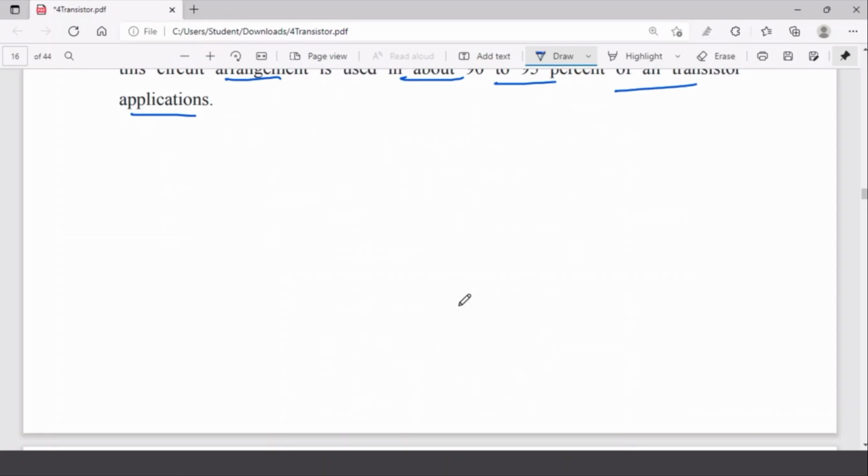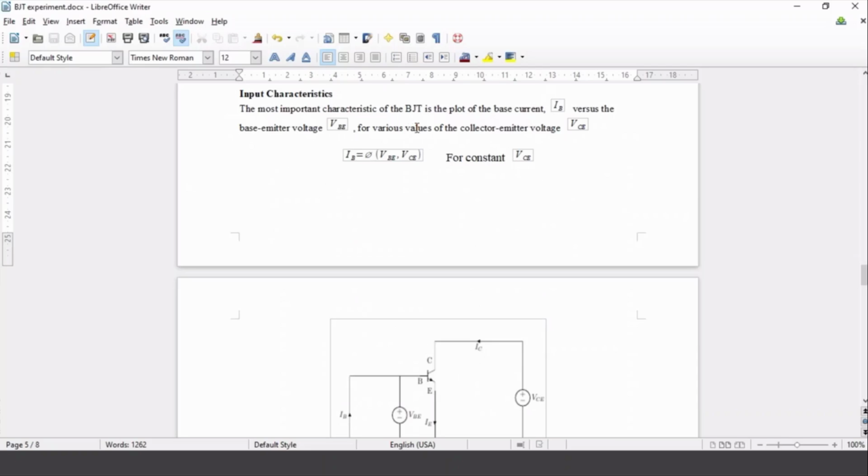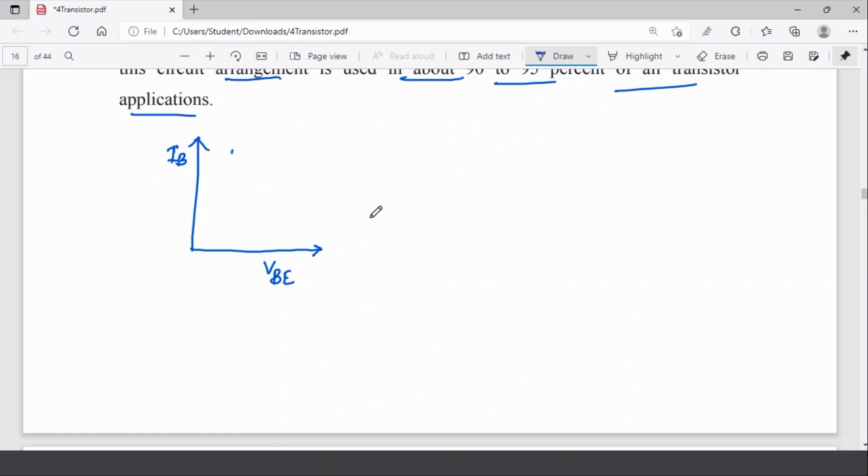So if I want to draw here the base current with respect to the base emitter voltage, with the collector emitter voltage kept constant for a given collector emitter voltage. So for, let's say, VCE1, this is one of the values of collector emitter voltage, we will draw one graph.